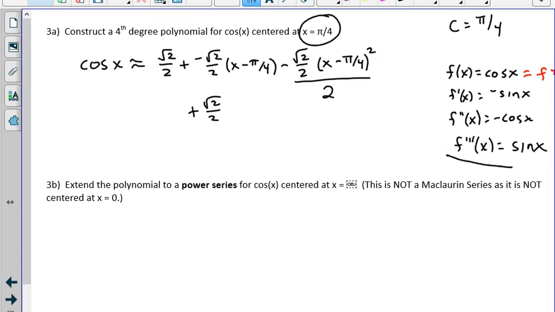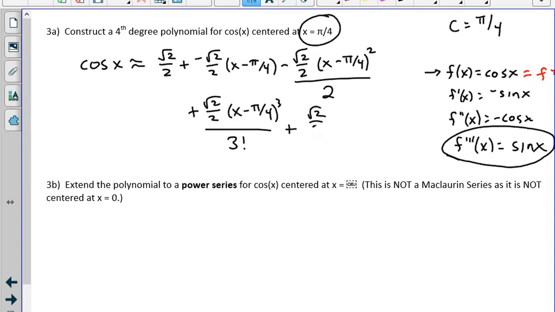And the reason why it's plus is this derivative ends up being positive. So root 2 over 2 times x minus pi over 4 cubed over 3 factorial. 2 factorial is 2, so I don't really need the factorial if I don't want. And then I need one more term, and it's back to this one, which is positive. So root 2 over 2, x minus pi over 4 to the 4th power over 4 factorial.